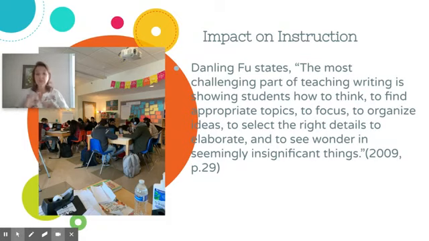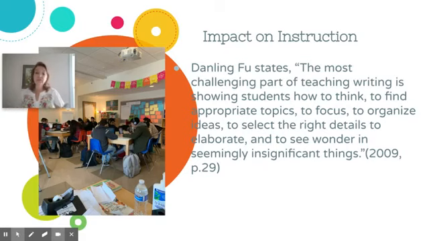She states that the most challenging part of teaching writing is showing students how we think: to find appropriate topics, to focus, to organize ideas, to select the right details, to elaborate, and then to see the wonder in seemingly insignificant things. I'm sure if you heard the keynote speaker today, Carol Salva believes, we write together. We do that co-writing to honor those little things that we don't think are important, but also to teach them how to think aloud while we write.